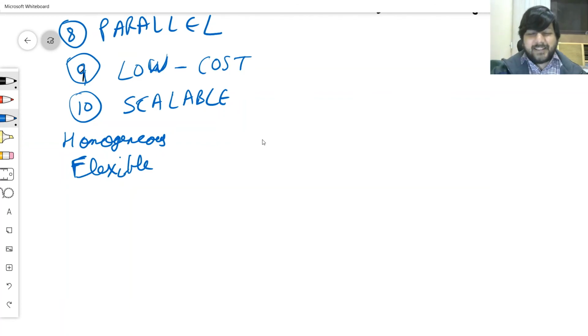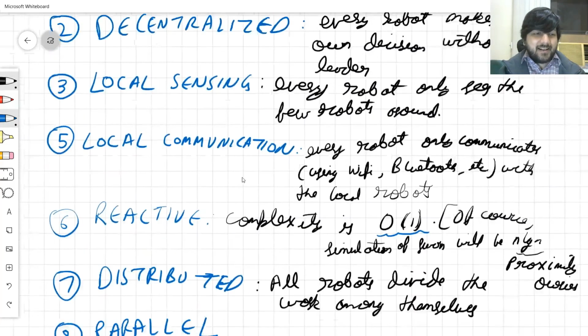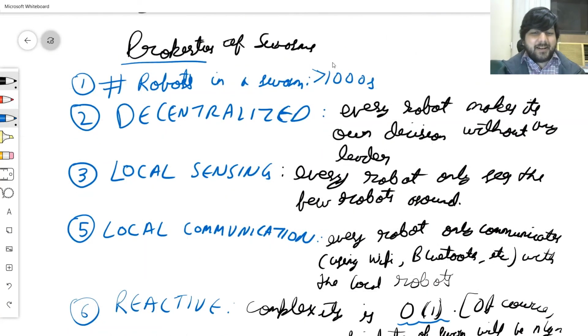So a multi-robot system does not really have these properties. With a multi-robot system, you typically deal with, I think the maximum multi-robot system that I have simulated is 10. Beyond that, I've done a lot of simulation on swarms.